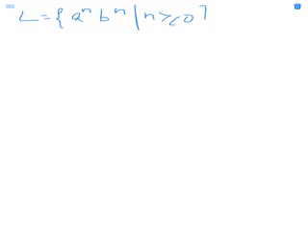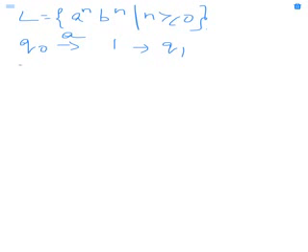Like for the language L equal to a raised to n, b raised to n, such that n is greater than or equal to 0. What are the operations to be performed? From the Q0 state, when a symbol A is read, you have to insert 1 to the stack, and the state changes to Q1.